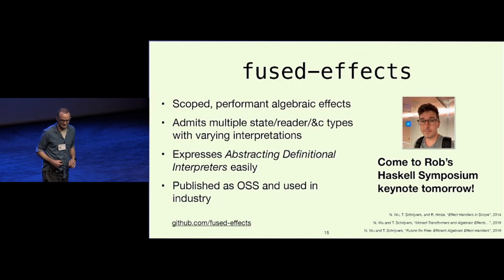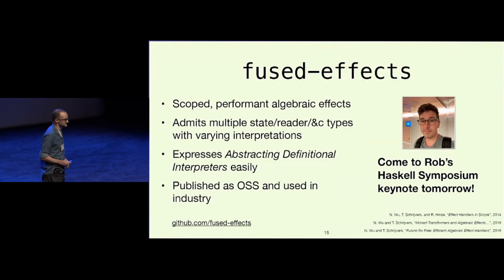And Rob went into the shed and with a great deal of clanging and bashing, emerged 2 weeks later, slightly bloodied, but with an effect system, a practical, real-world effect system that is performant enough for the GitHub use case that allows having multiple state types or multiple reader types in the same computation, which is not possible with the standard MTL approach, and that allows one of those state types to have a differing interpretation from the other, which is really crucial when non-determinism enters the picture and you want one state to have all possible paths' changes reflected in it, and in another state you want only the winning path to have those changes propagated.